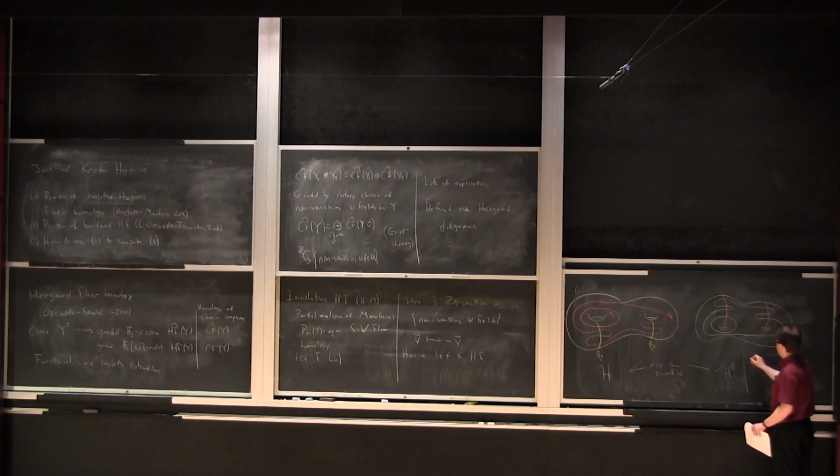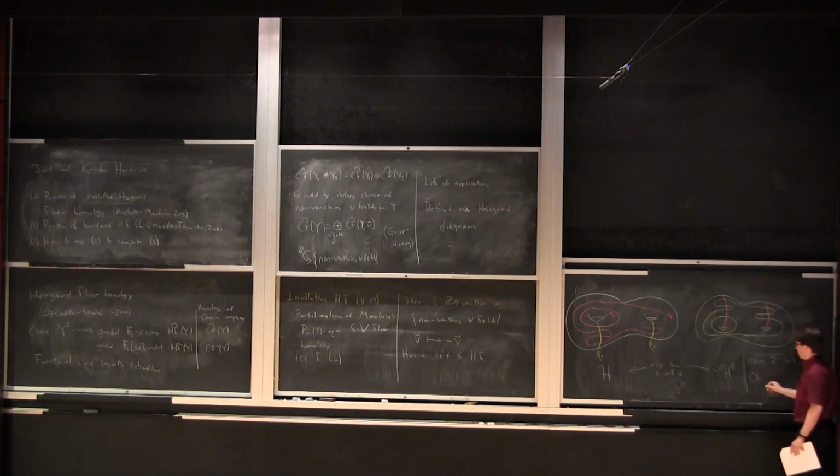So there are two isomorphisms, or two, I should say, homotopy equivalences, from any version of the Floer chain complex of the diagram to that version of the chain complex for my new diagram, minus H beta. So let me call these maybe capital phi and capital C.